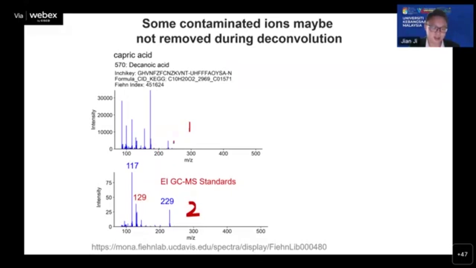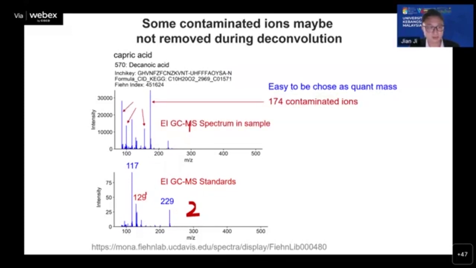The second is the standard. The first one is the metabolite in the biological sample, deconvoluted by software. You will see that many peaks are not the same. Actually, they are contaminated by the matrix or by other compounds, and it cannot be separated or calculated by the deconvolution algorithms.